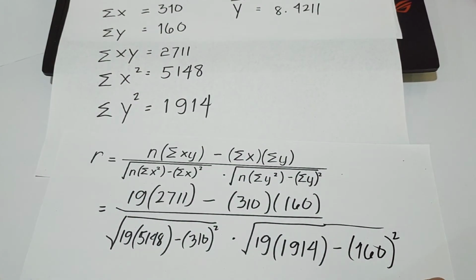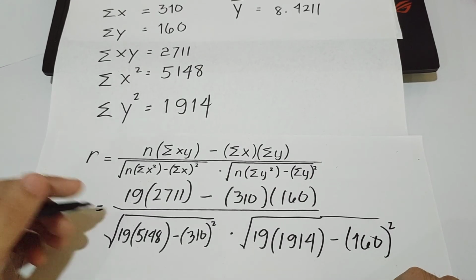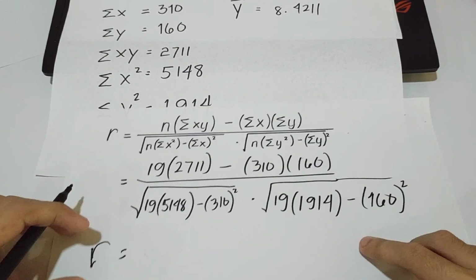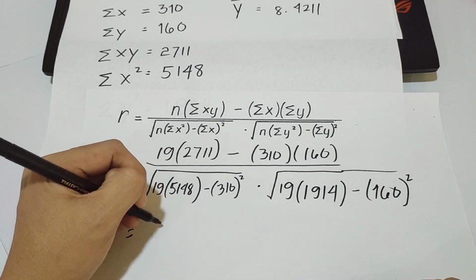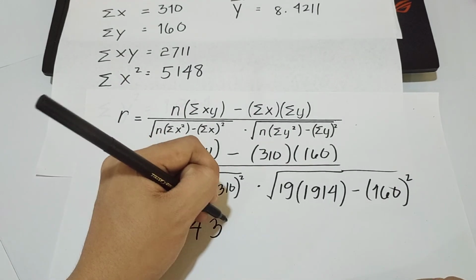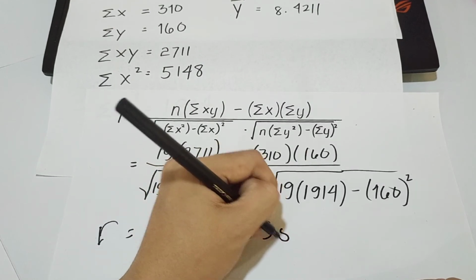And putting this all in the calculator, we input these values, we are able to find that the value of r is equal to 0.437835.